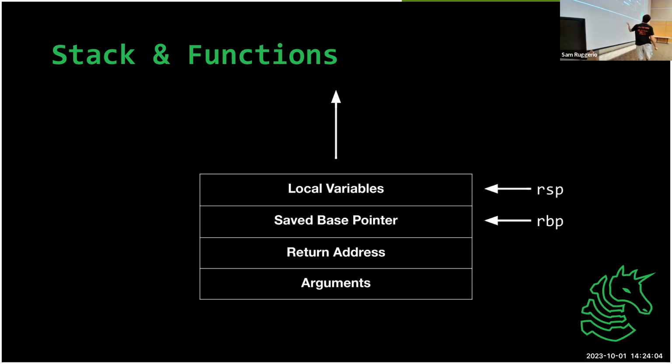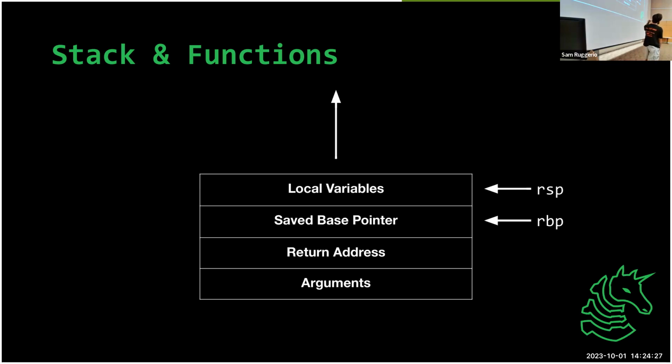So this is a diagram of how you might set up a function call. Any arguments that need to end up on the stack, usually when you're talking about printf or really long functions, will be on the stack first, and then we push on our return address and then our saved base pointer. That is what RBP gets set to when you call a function.